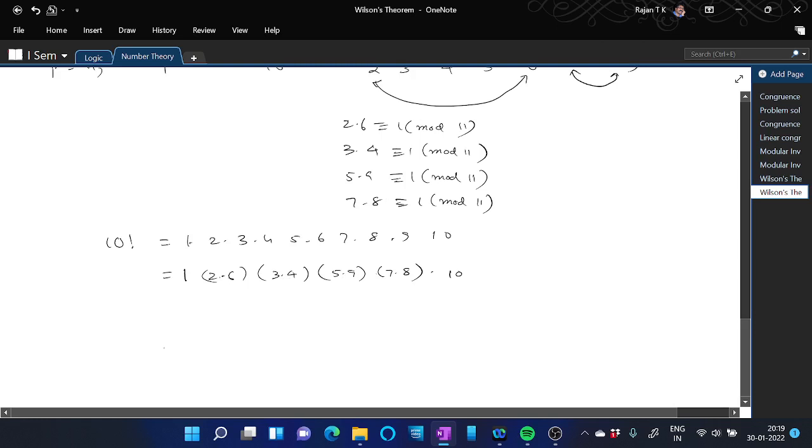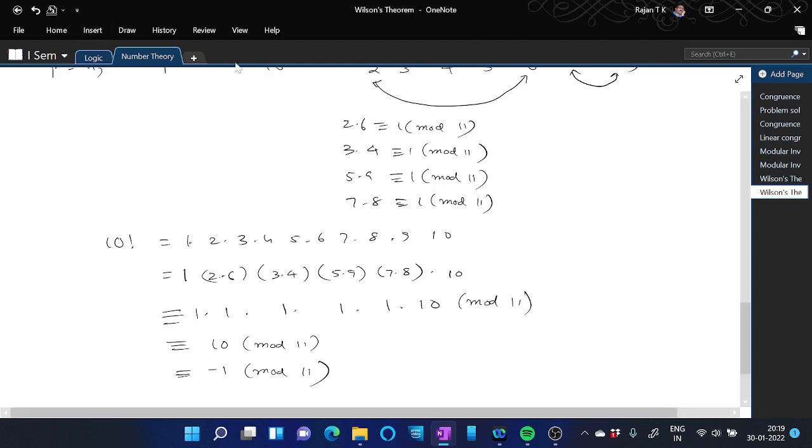We have this result. So this is congruent to 1 into 1 into 1 into 1 into 1 into 10 modulo 11, which is congruent to 10 modulo 11, and this is nothing but minus 1 modulo 11.